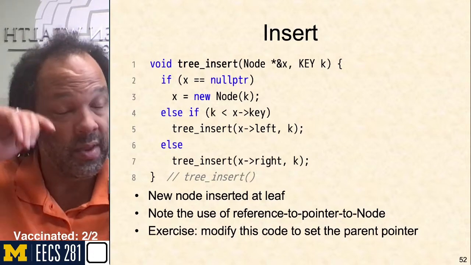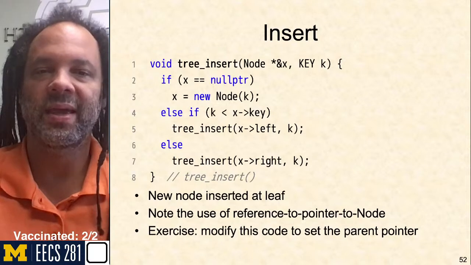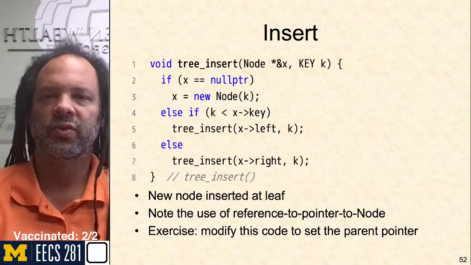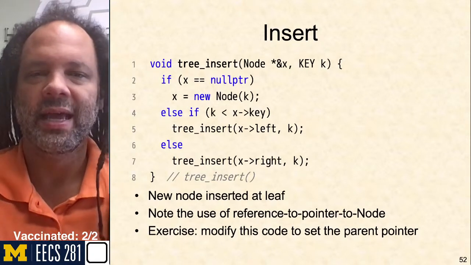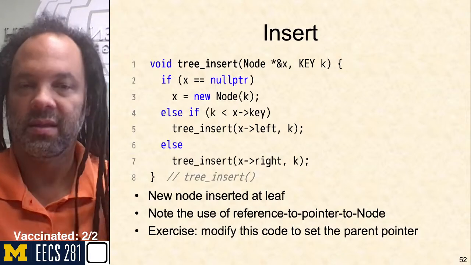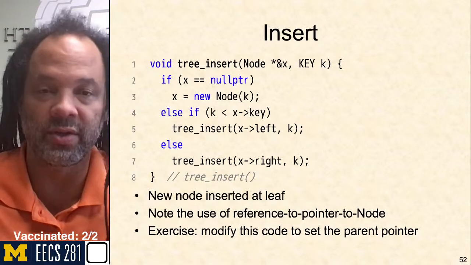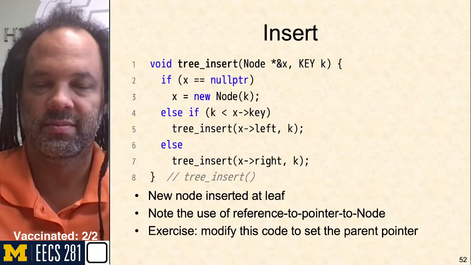Now, one thing I want to talk to you about before we leave this slide is that first parameter of tree insert. Look at it. It is a node star ampersand X. Now, what is that? That is a reference to a pointer to a node.